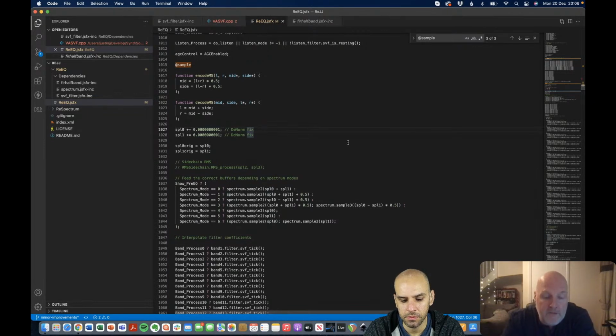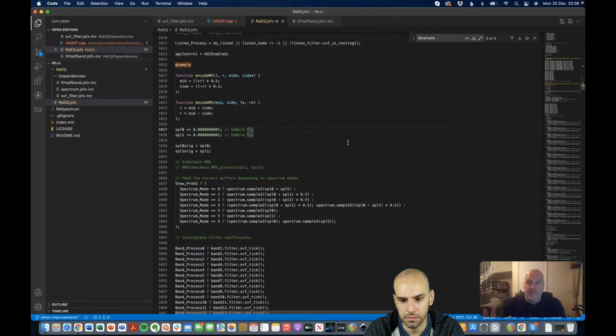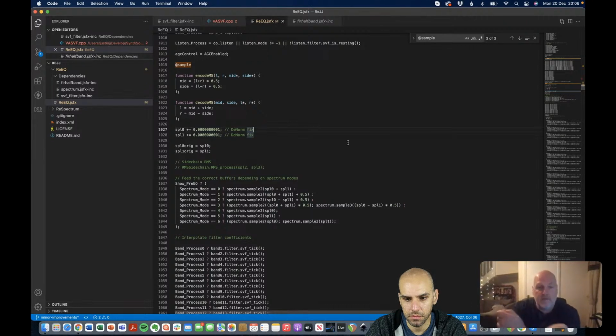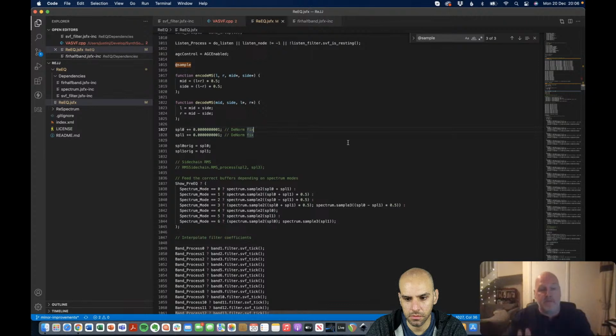The idea with oversampling for those kind of plugins is that you up the sample rate, you run the effects internally, and then, so that the things that are above Nyquist don't fold back into the audio range, you filter them out and then downsample.